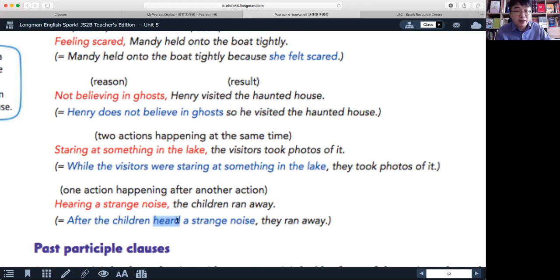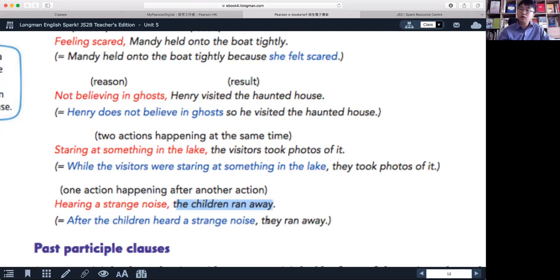Still remember the past tense. It is the past tense of hear, H-E-A-R. So look at the participle clause here: hearing, verb plus ing, hearing a strange noise, the children ran away.